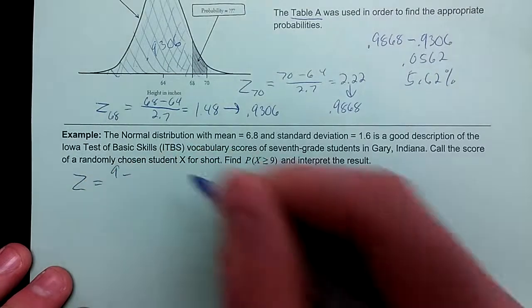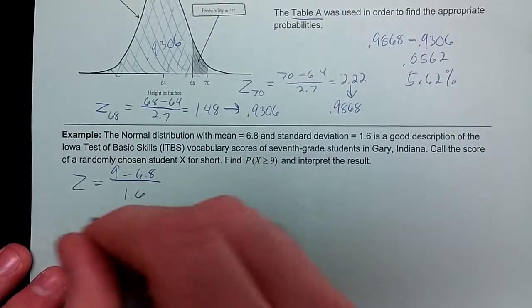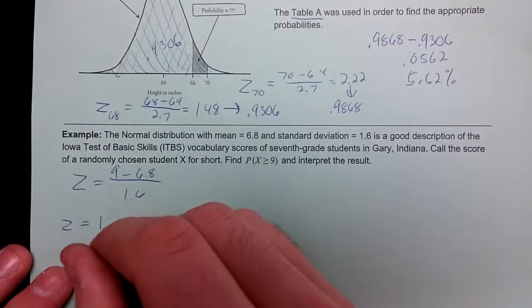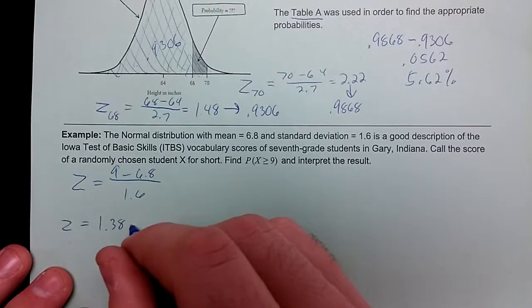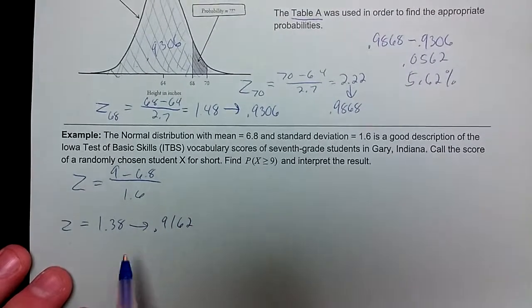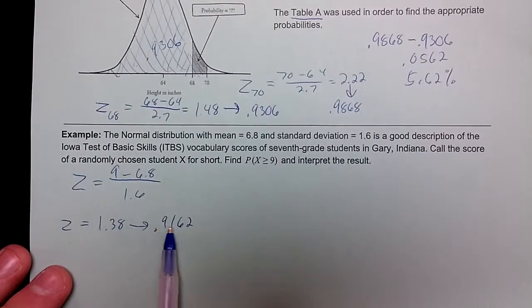So 9 minus the mean, 6.8, divided by the standard deviation, 1.6. And when you do that, you get 1.38, which turns into a proportion of 0.9162. So to the left of 9, everything less than 9, the proportion of data, or probability, is 0.9162.